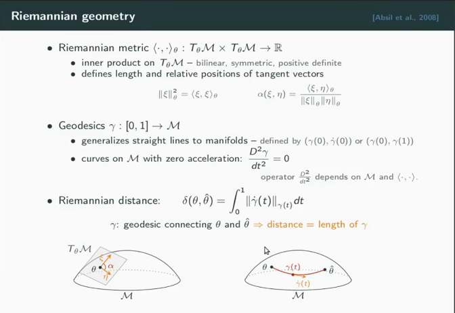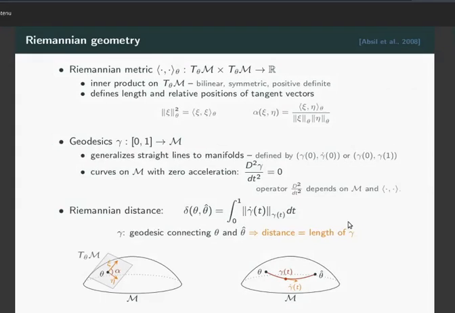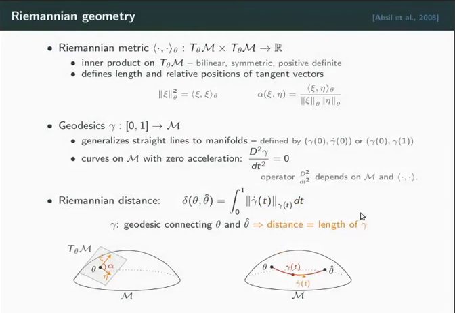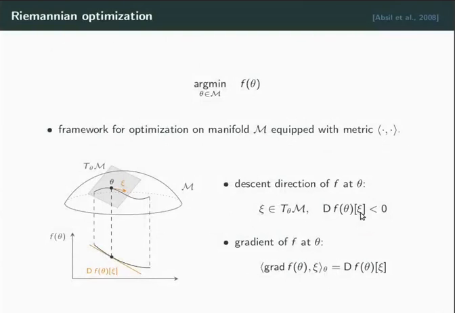So then from there we can define Riemannian distance, and the Riemannian distance is just defined by measuring the length of the geodesics between 2 points here. Okay, so from there, another thing that is important is Riemannian optimization, where we aim at finding the minimizer on the manifold M of some cost function.